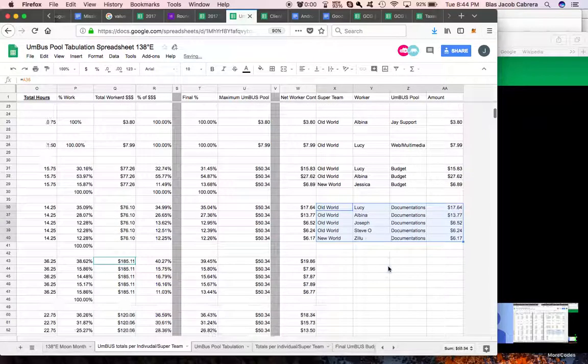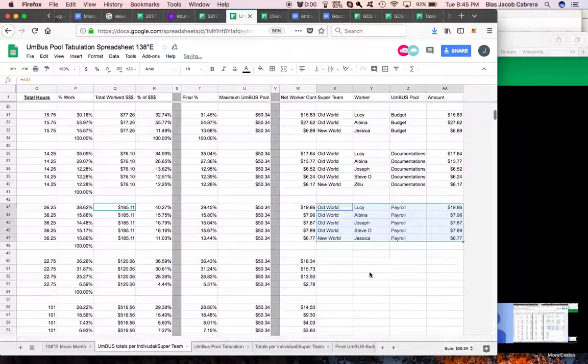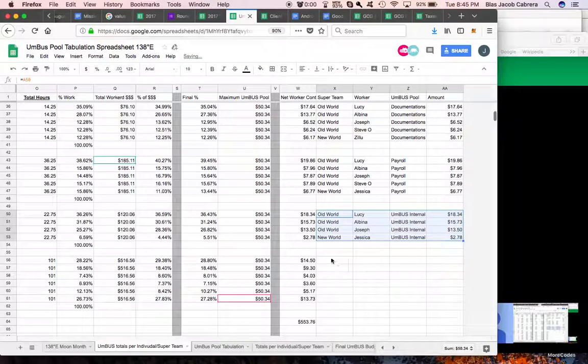So this is literally just for formatting. There's no actual reason why you would need to do this. It's just for the format.